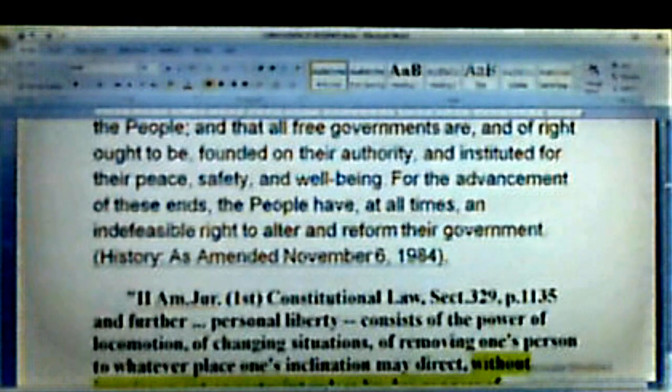Right? And we go through the same thing here. 11M juror, Constitutional Law, Section 329, page 1135. And it says, personal liberty consists of the power of locomotion, of changing situations, of removing one's person to whatever place one's inclination may direct, without imprisonment or restraint, unless by due process of law.